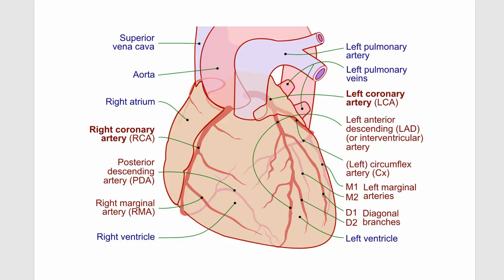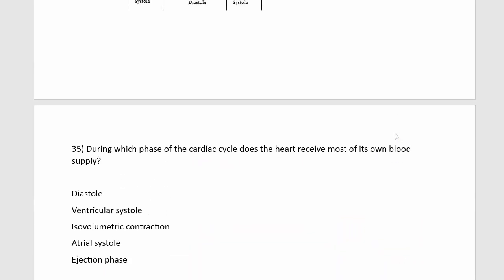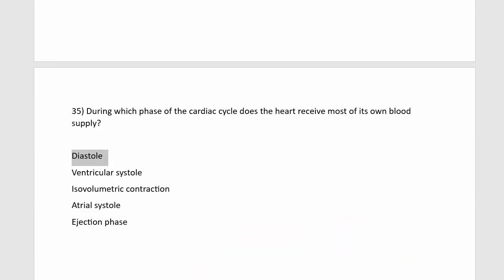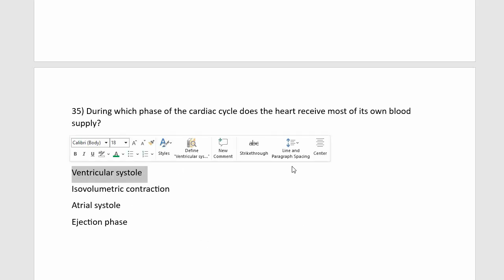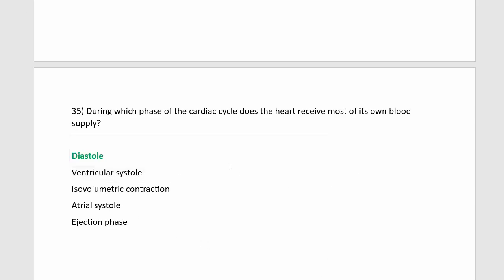So with that in mind, if we quickly run through the others. Ventricular systole involves the simultaneous contraction of both ventricles. This ventricular contraction will actually impede blood flow through the coronary arteries, resulting in less blood flow to the myocardium compared with diastole.